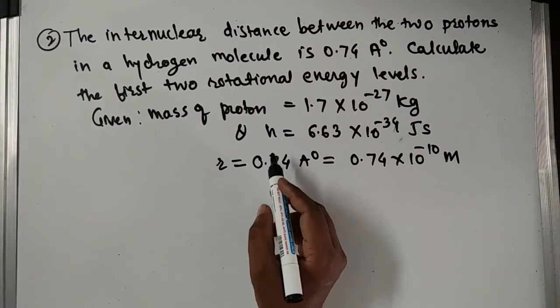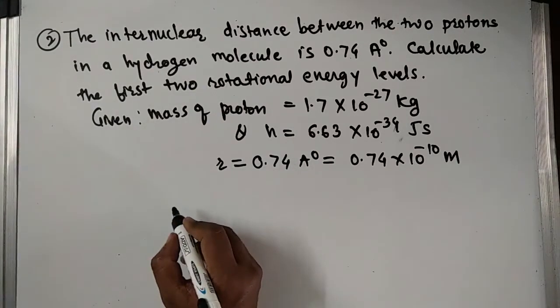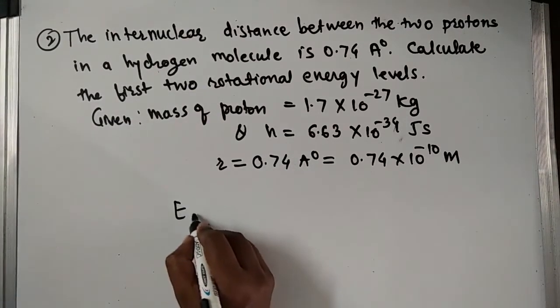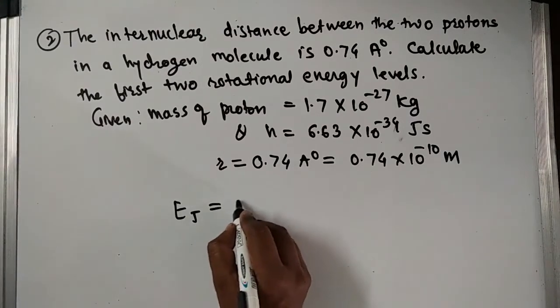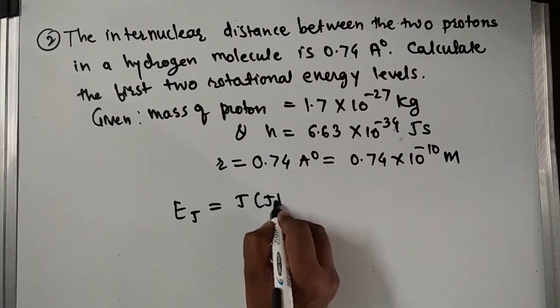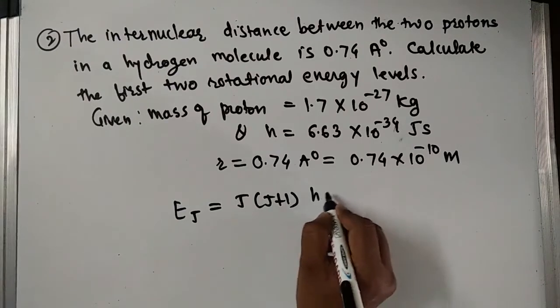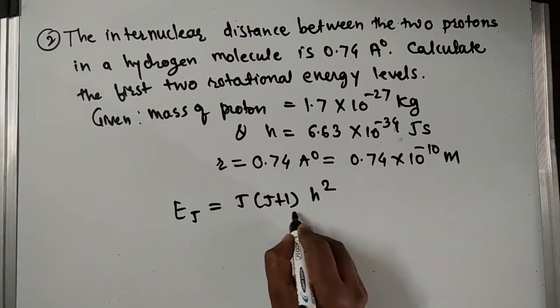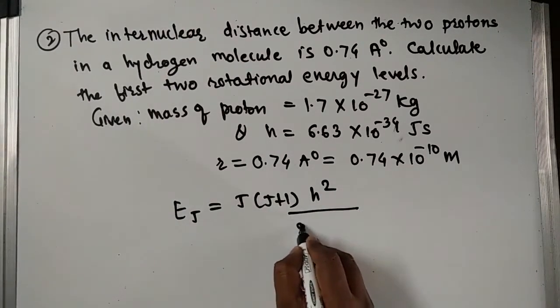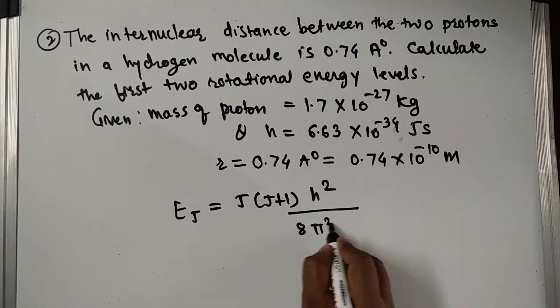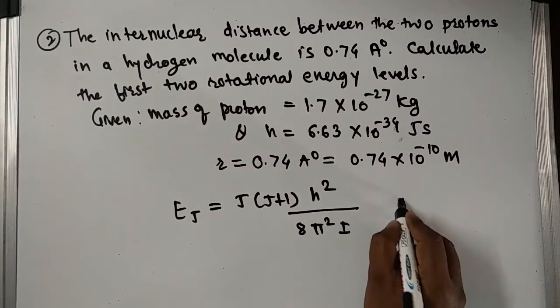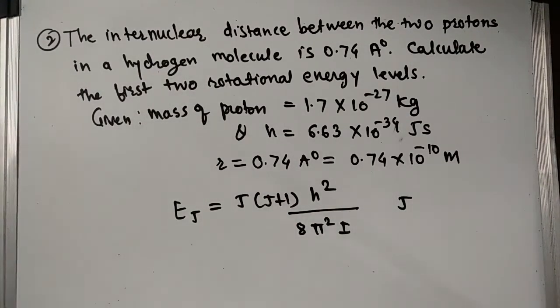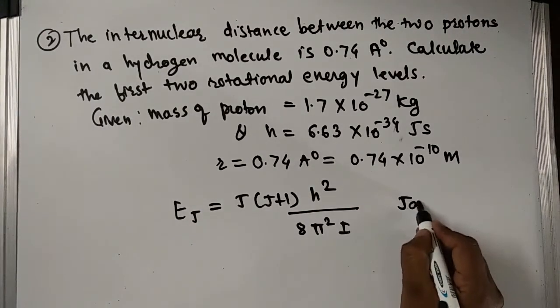We know the formula for rotational energy levels: E_J is equal to J into J plus 1, h square upon 8 pi square I. This is in joules.